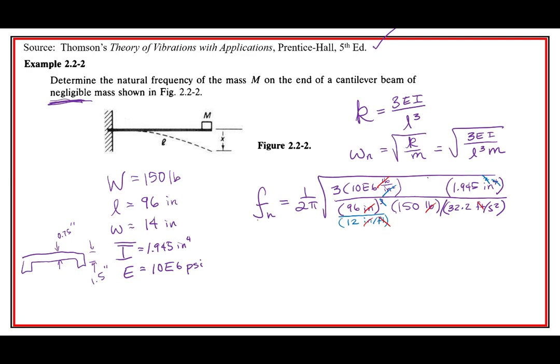All right, so I'm going to come up with a number, and then maybe pause it and double check my work. So go to 3 times 10 to the 6 times 1.945. Boom. I'm going to go 96 divided by 12, times 150, divide by 32.2, and take the square root.